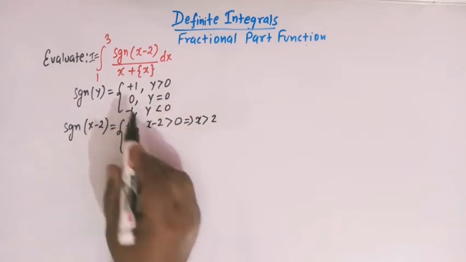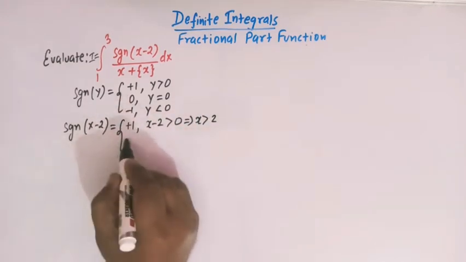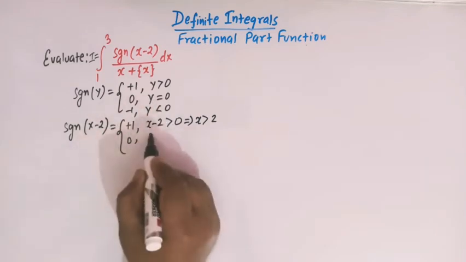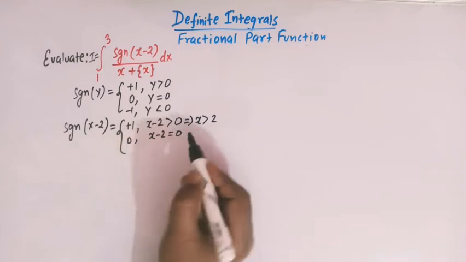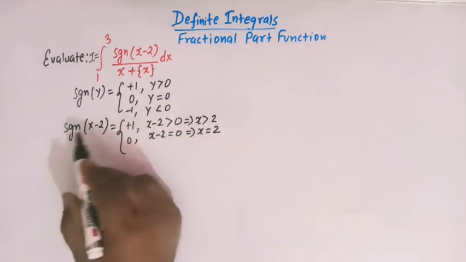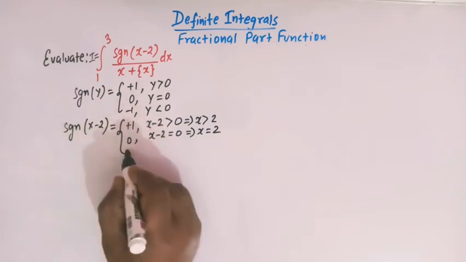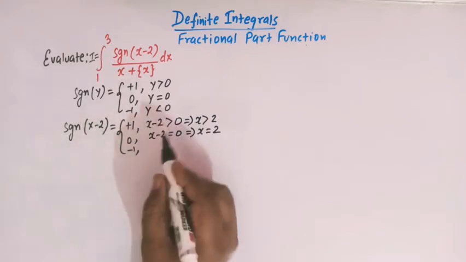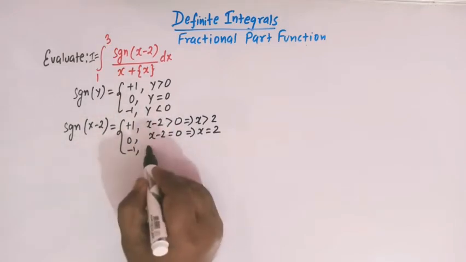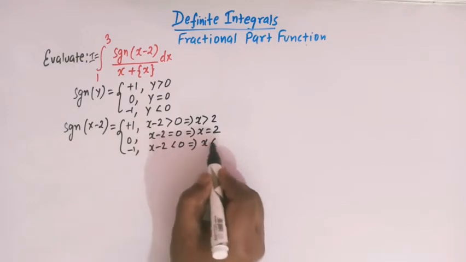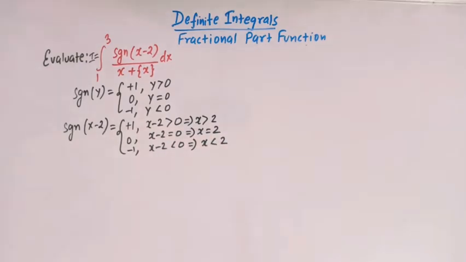And signum of x minus 2 is equal to 0 whenever y is 0, so x minus 2 is equal to 0, so we have x is equal to 2. And signum of x minus 2 is equal to minus 1 whenever y is less than 0, so x minus 2 is less than 0, so x is less than 2.